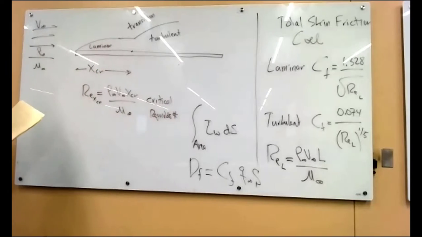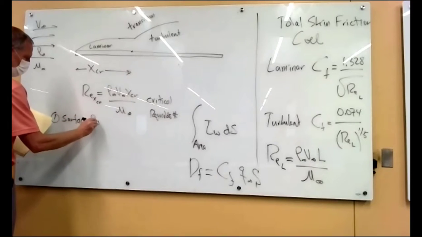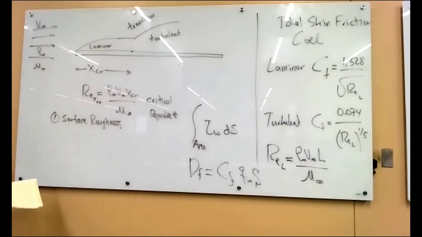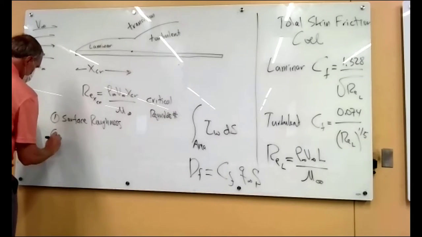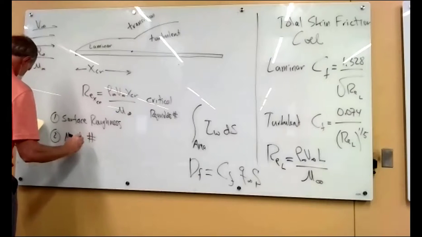And where that happens depends upon factors that you might suspect. The surface roughness, obviously that's a factor because the surface roughness is what causes the boundary layer to begin with. So a rougher surface will actually cause the boundary layer to transition faster. Also, Mach number will have an effect.